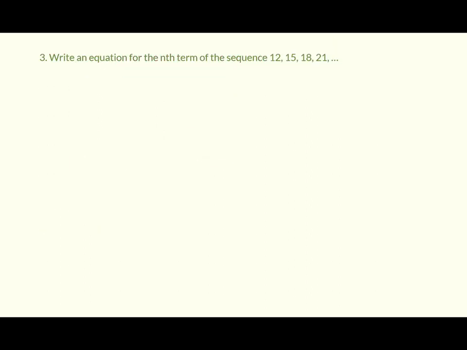Number 3 says write an equation for the nth term of the sequence 12, 15, 18, 21. So the formula again is a_n equals a_1 plus (n minus 1) times d. And we know that we need to plug in numbers for a_1 and d.